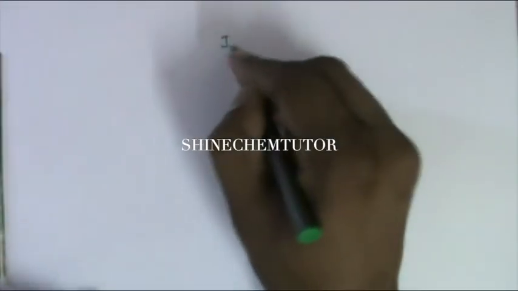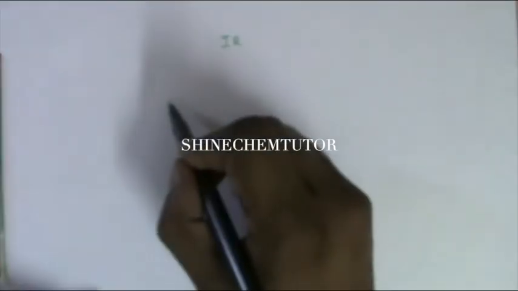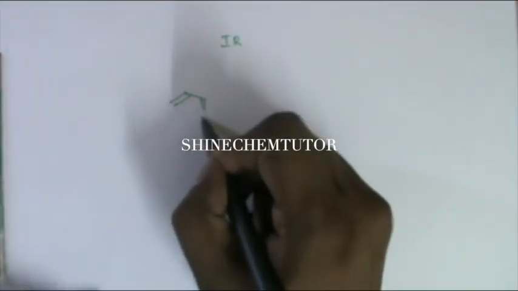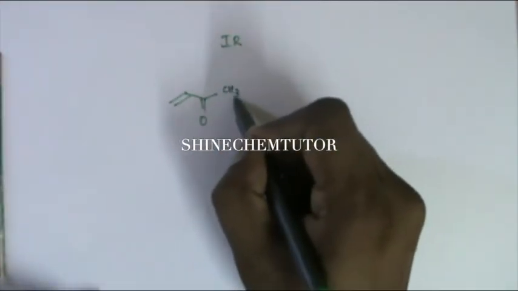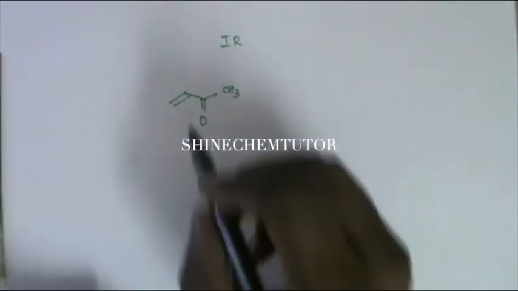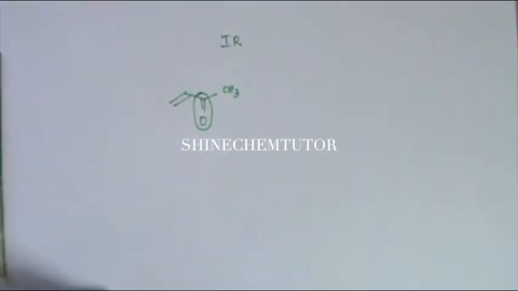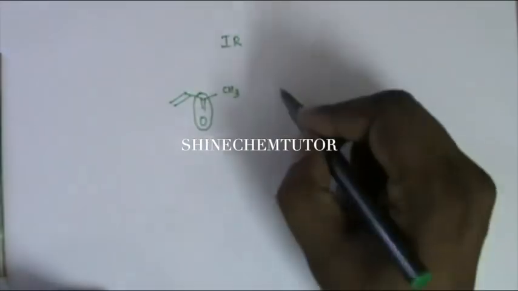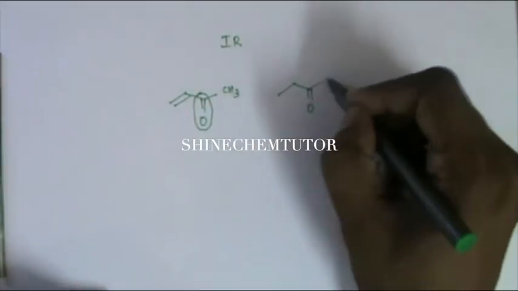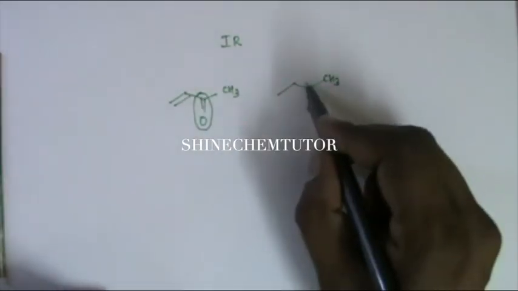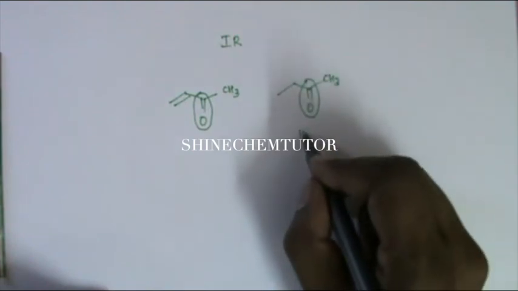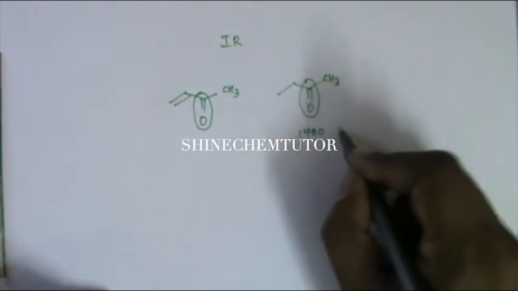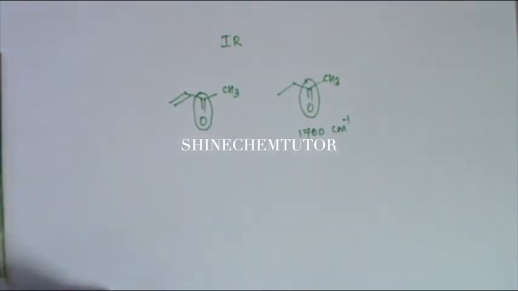What about IR spectroscopy? Let us go for this particular compound. This carbonyl, ketone, I compare with this compound. Generally, this carbonyl appears around 1700 cm inverse.